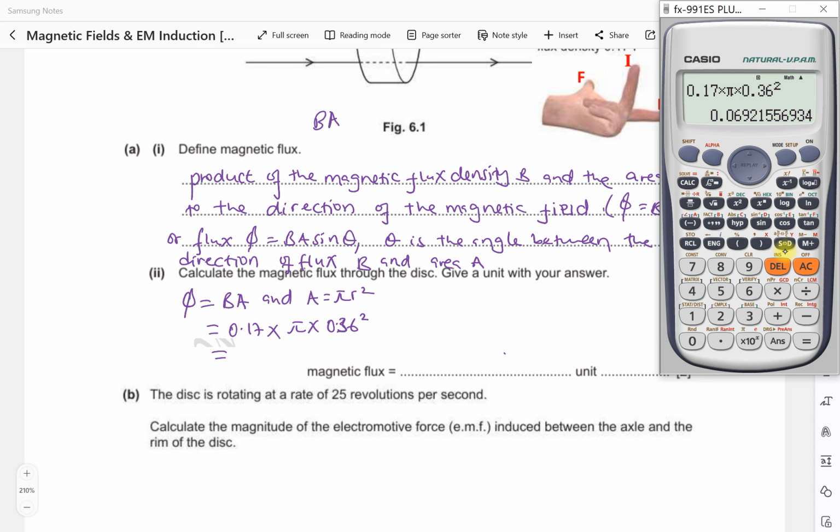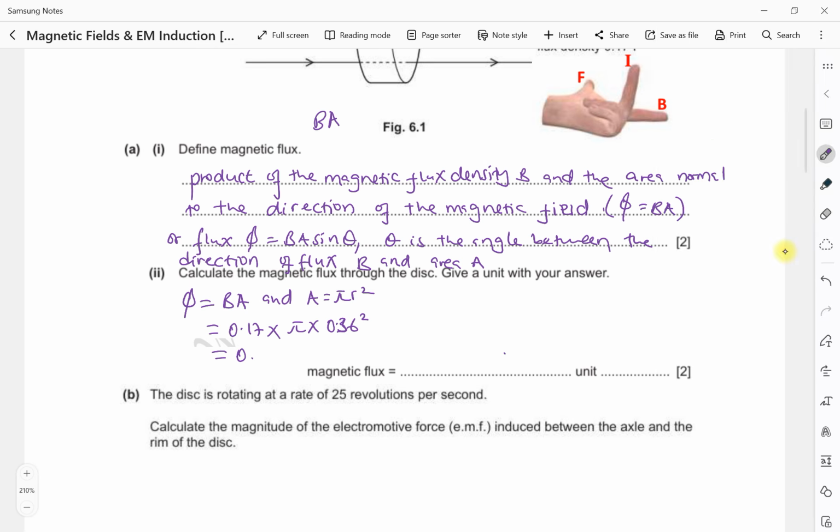Pressing my calculator, that is 0.069. Of course, the unit of magnetic flux is the Weber. So the answer here is 0.069 Weber.